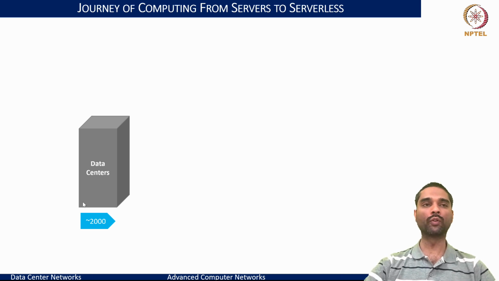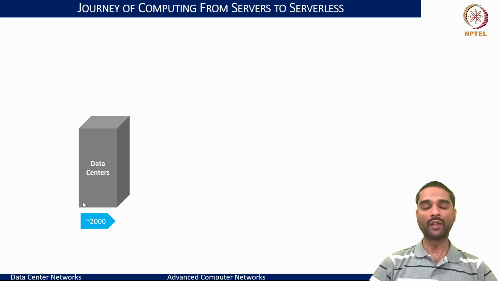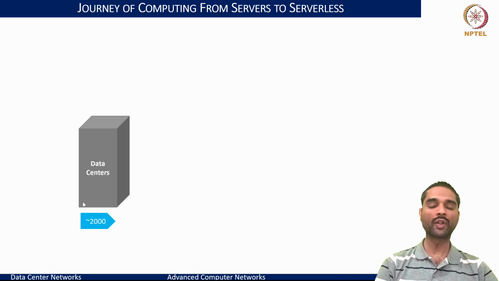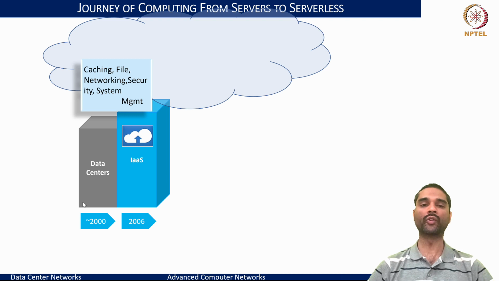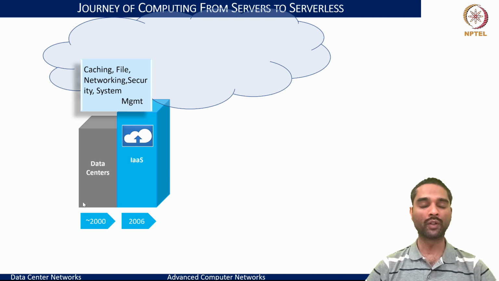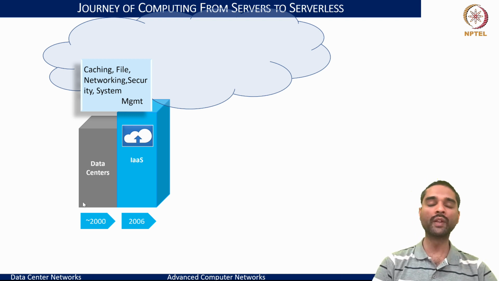So to put in perspective the data centers that we learned, this all emerged in the early 2000s, and then we moved to the cloud with the very core concept being infrastructure as a service. Whenever Amazon or any cloud service provider would provide an infrastructure, the one who would rent, the tenant, would have to manage all of the aspects of how to build the networking, how to build the security framework around them, how to manage the compute and memory resources, the entire system management, and what kind of caching or file system you would want to use.